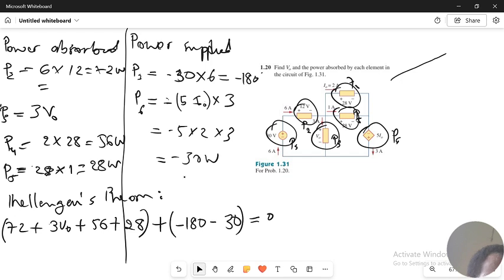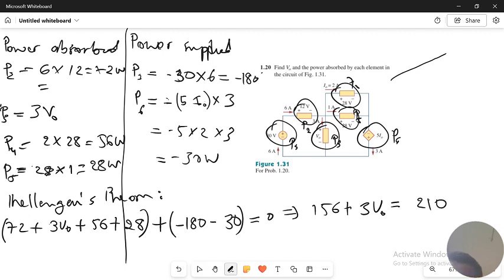Now if I calculate this, 72 plus 56 plus 28 is going to give me 156 here, plus 3V0 equals, if I take minus 180 minus 30, which is minus 210, this minus 210 goes to the other side, and it will be equal to 210 because it changes the sign.